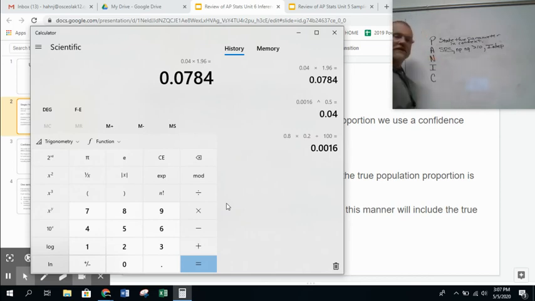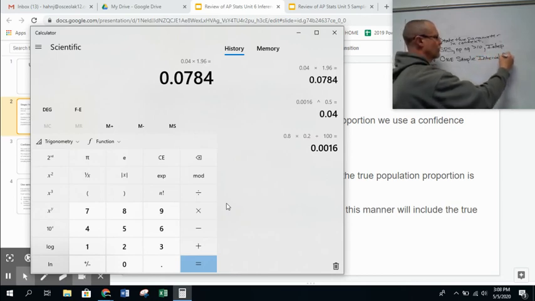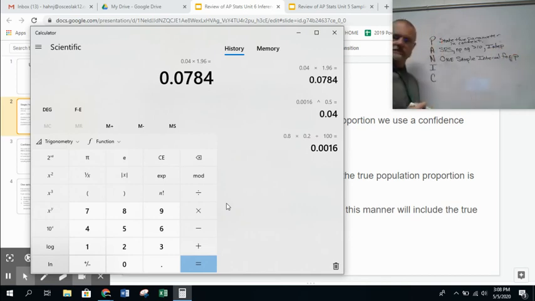Okay? Then you have to name your interval. You've got to tell people what you're doing. I think the easiest way to do this, folks, is to say: we took one sample, one sample interval for p. Then the interval, calculating the actual interval.